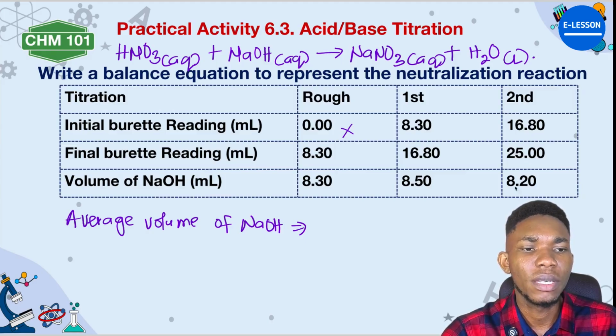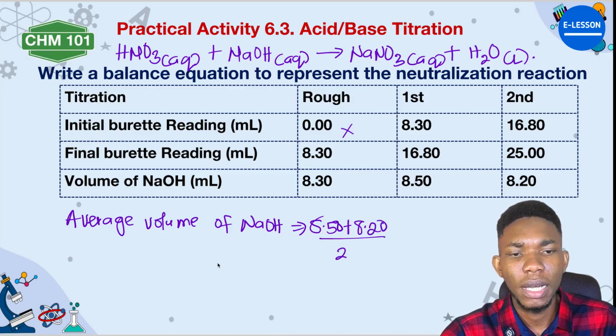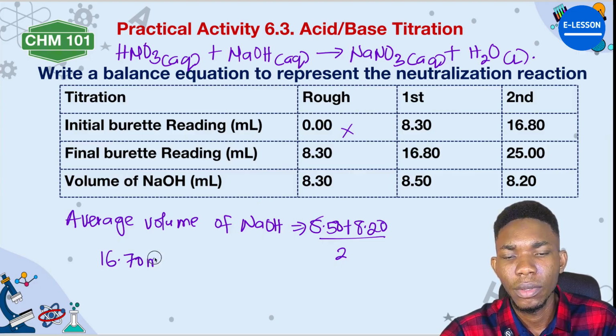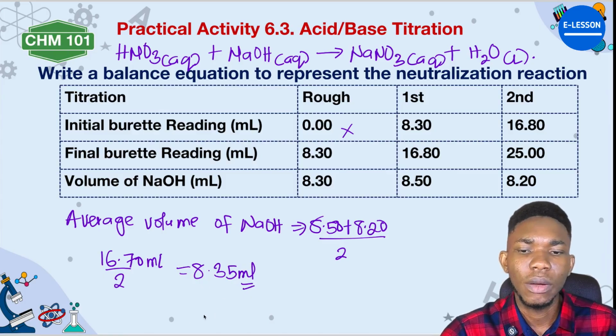Then 25 minus 16.8 gives us 8.20. To get the average, add both of them, 8.50 plus 8.20, which gives 16.70 mL, divided by 2. That gives us 8.35 milliliter.